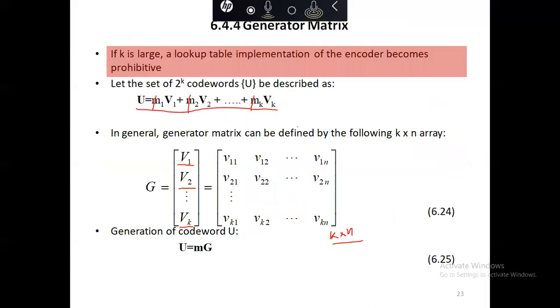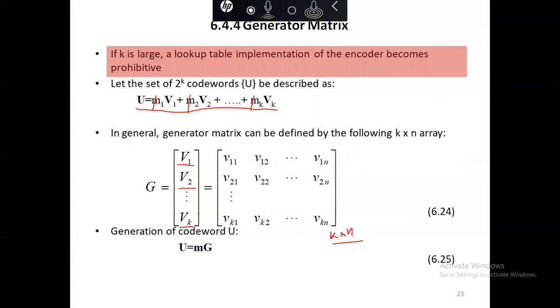Previously, in this generator matrix, there were 8 code words, each having 6 entries. So it's not the way here.